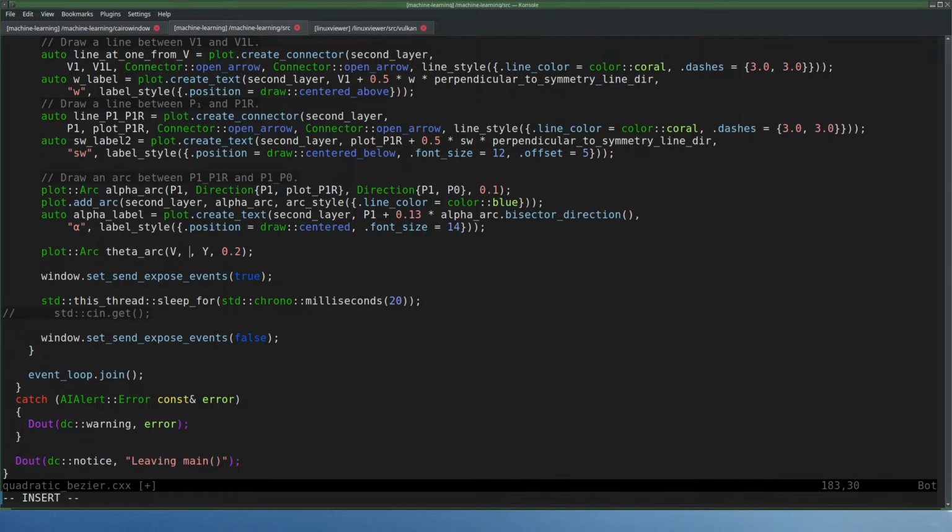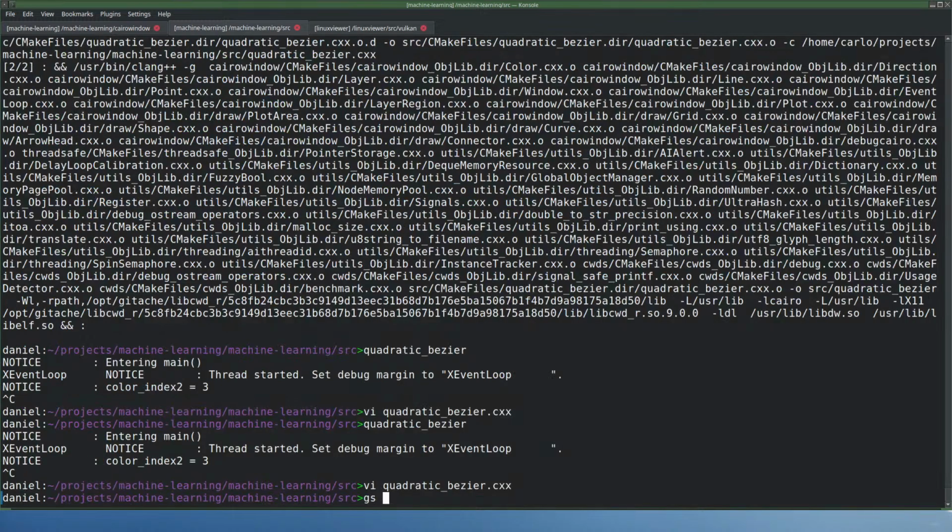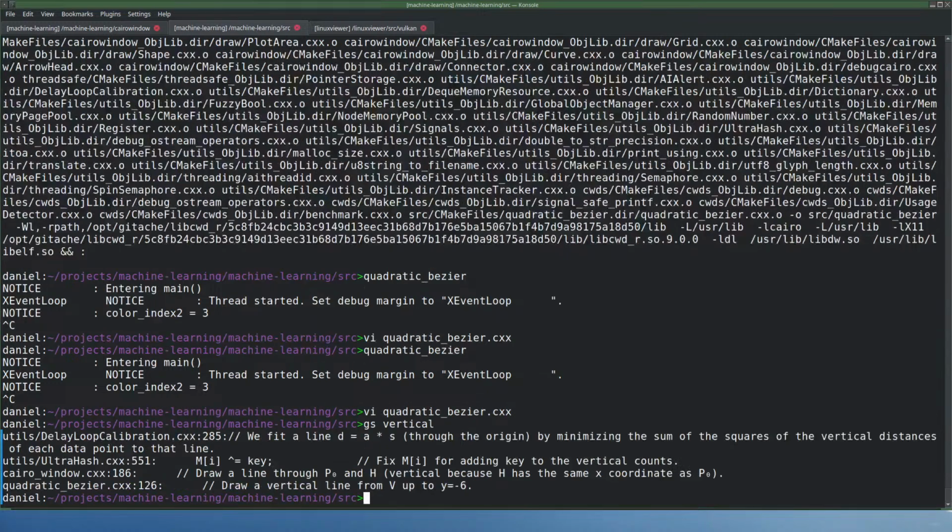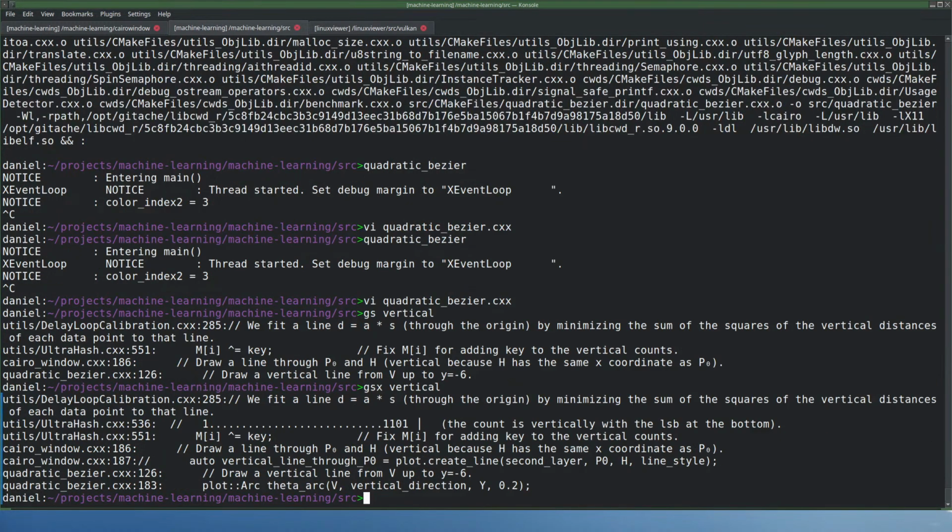So I'm not sure if I have that vertical line, vertical direction. Come on, I have it. I just know it. Vertical. X. Or not.